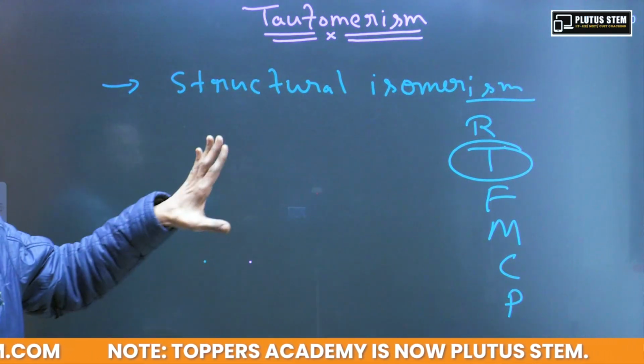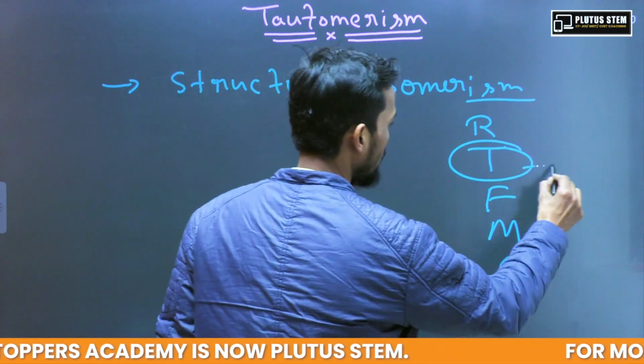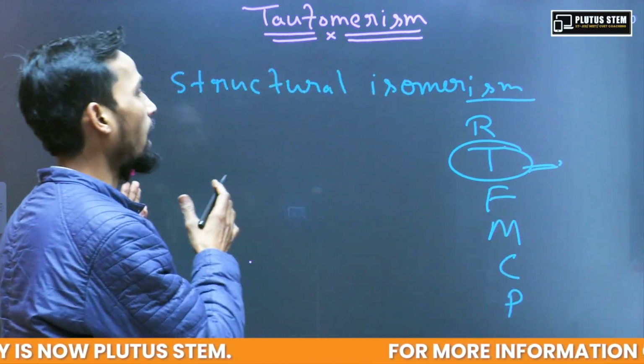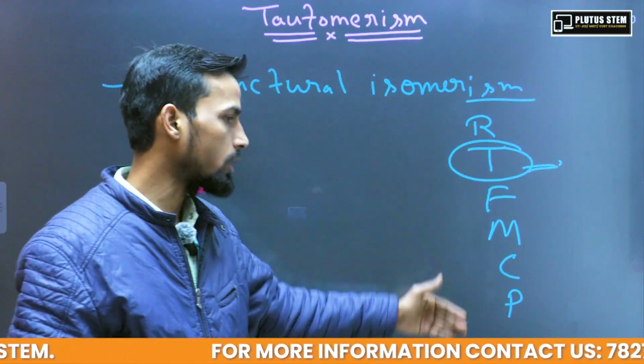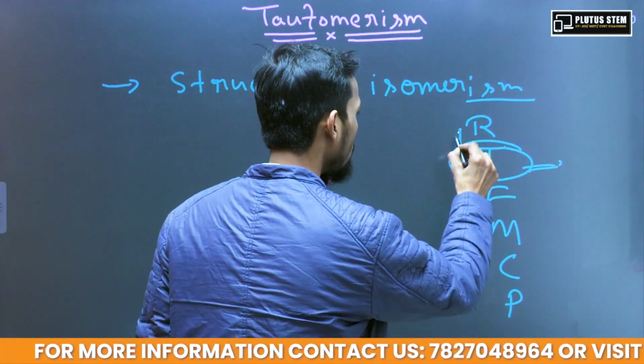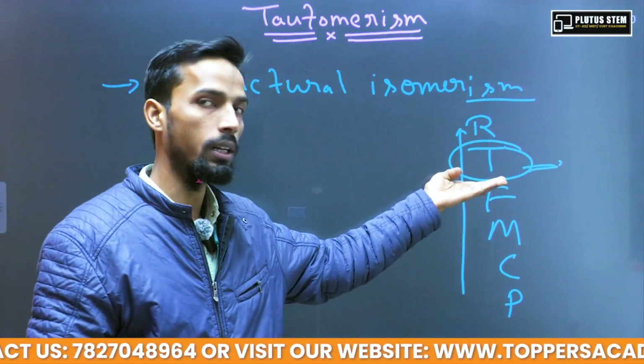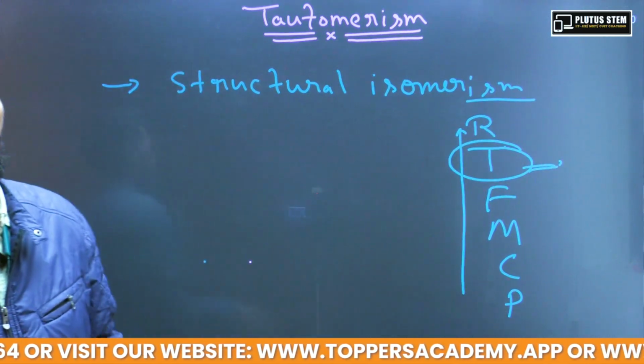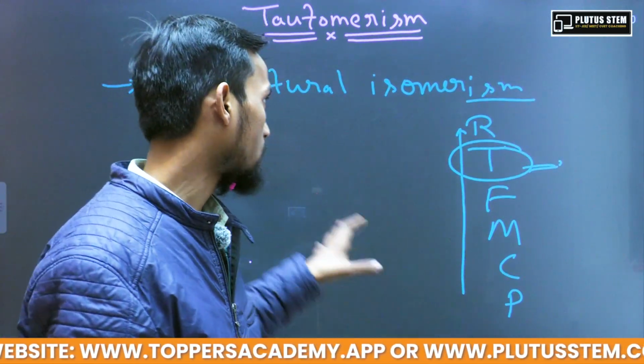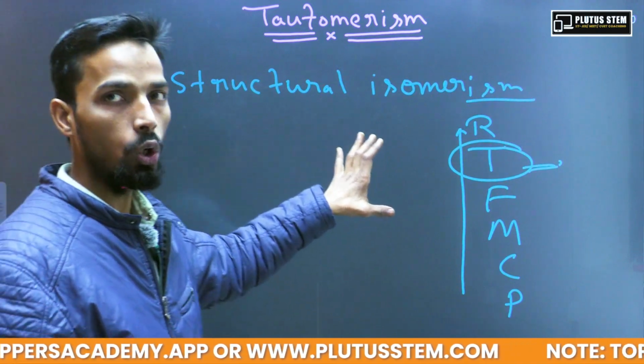Ring chain is the one remaining, so these all isomerism we have studied except tautomerism. Today we are going to study this. If this is the priority of these different isomerisms, this isomerism comes second number. The first one is ring chain isomerism, and the second isomerism of structural isomerism is tautomerism.